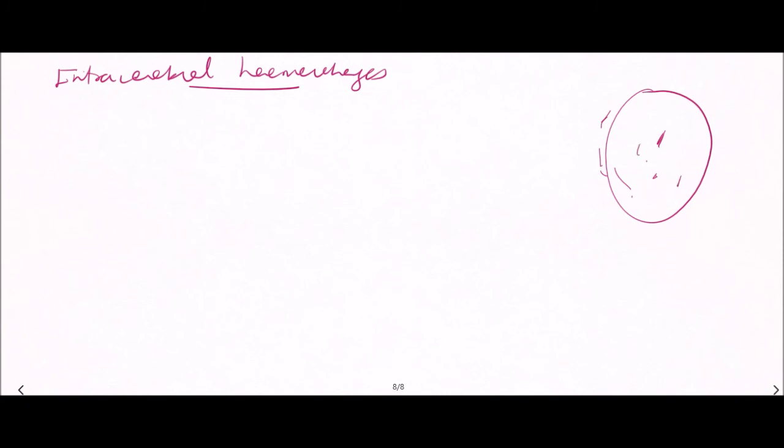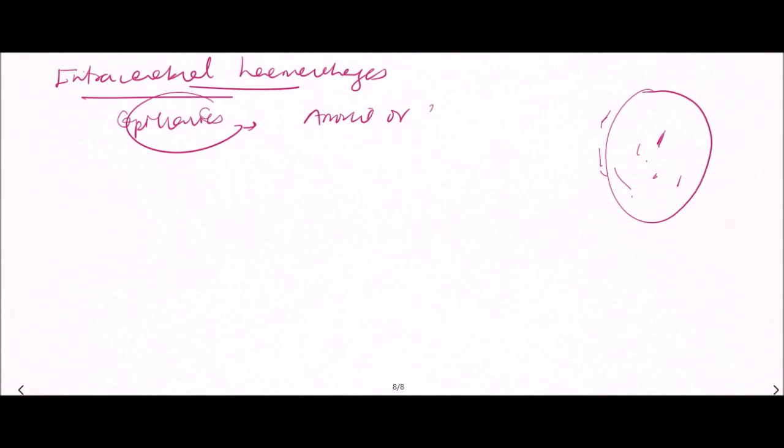What happens? These hemorrhages may be due to capillary rupture. There is softening of the vascular wall due to anoxia, or there may be some altered thrombotic mechanism, coagulation pathway.